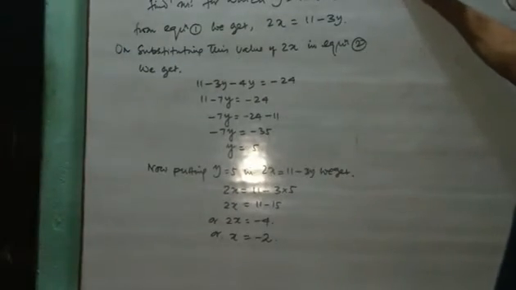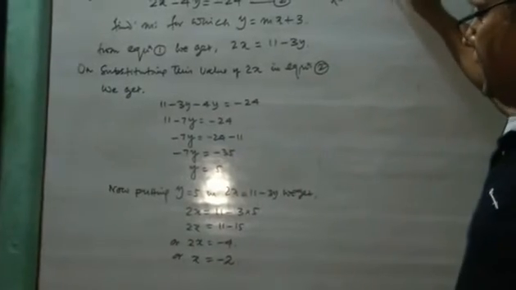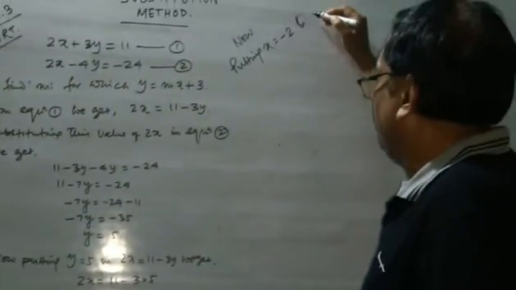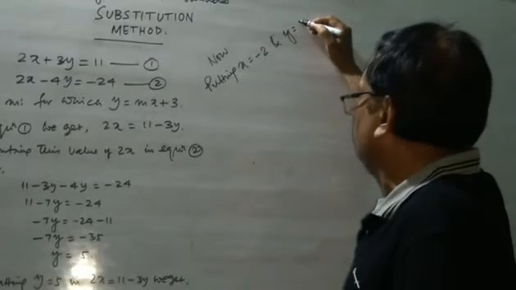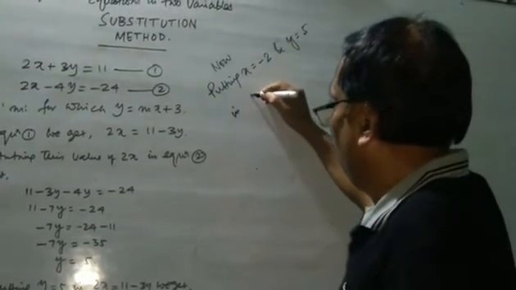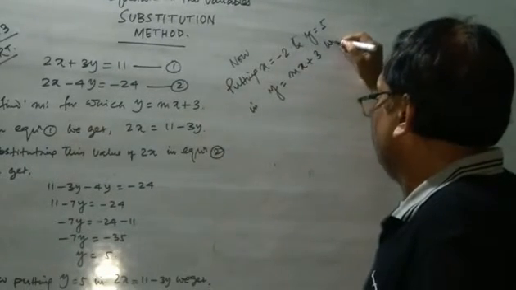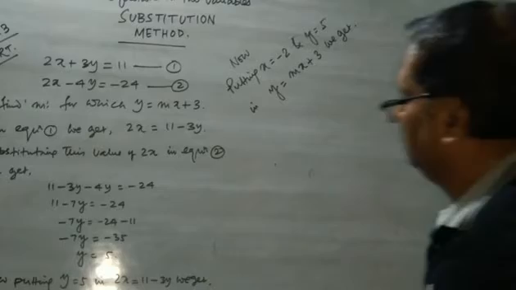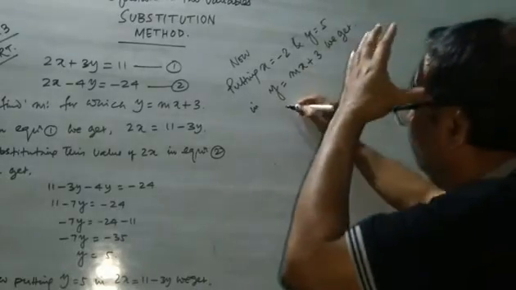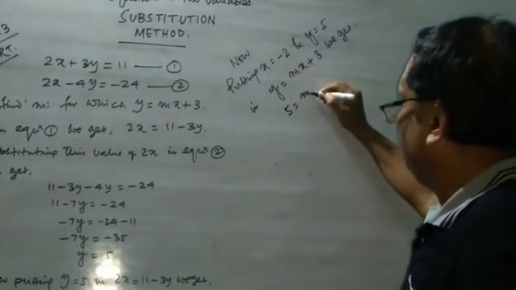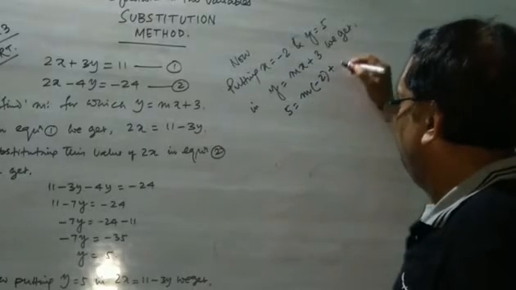Now the second part of this is left. We are required to find out the value of m. Now, putting x equals to minus 2 and y equals to 5 in y is equal to mx plus 3, we get 5 equals m into minus 2 plus 3.